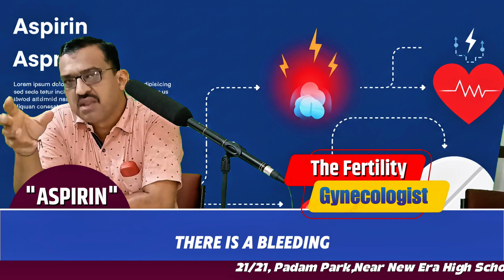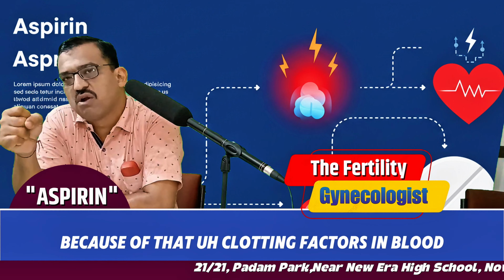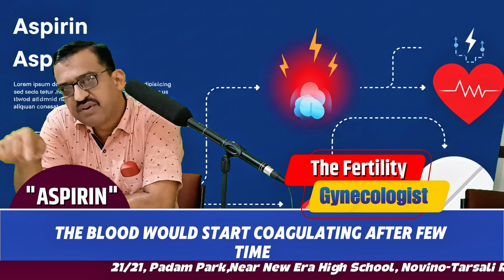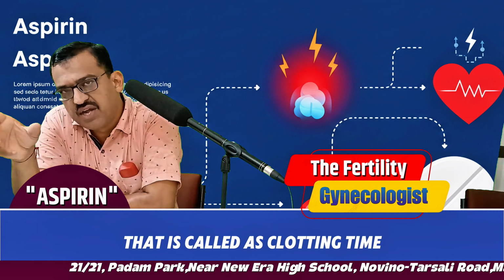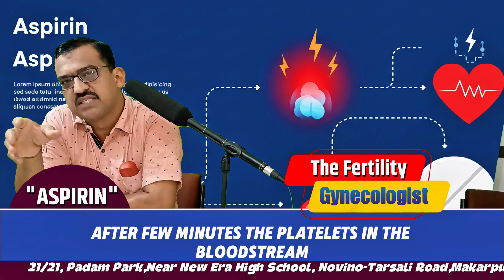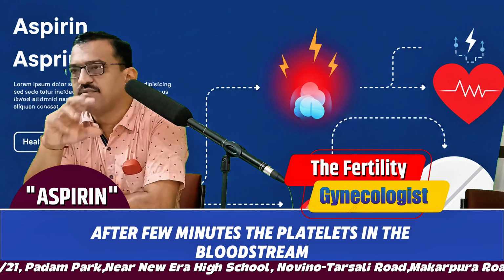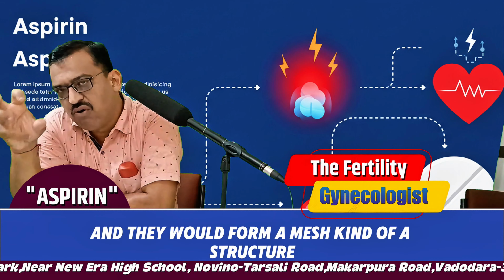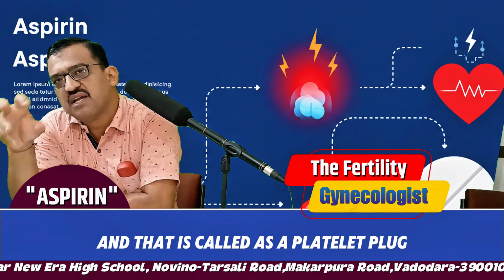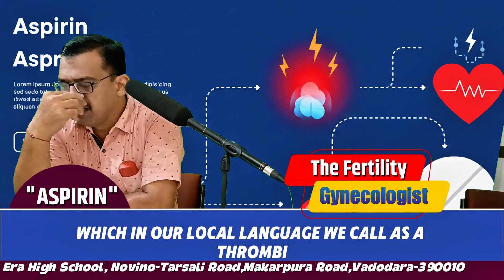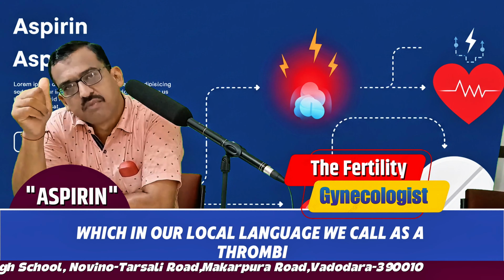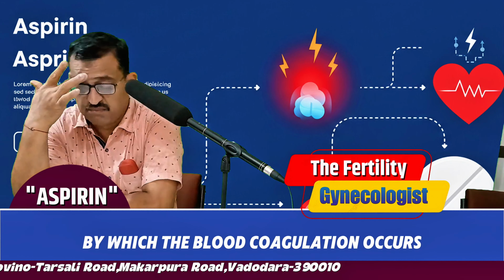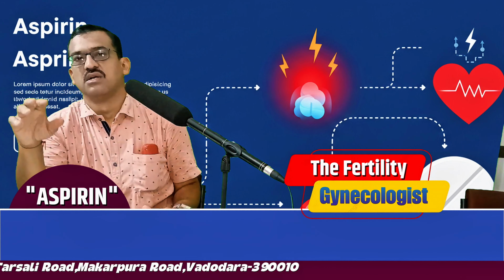Because of the clotting factors, the blood starts coagulating after a few minutes, which is called clotting time. Then the platelets in the bloodstream get attracted to that site and form a mesh-like structure, called a platelet plug, which in our local language we call thrombi. These are the two mechanisms by which blood coagulation occurs.